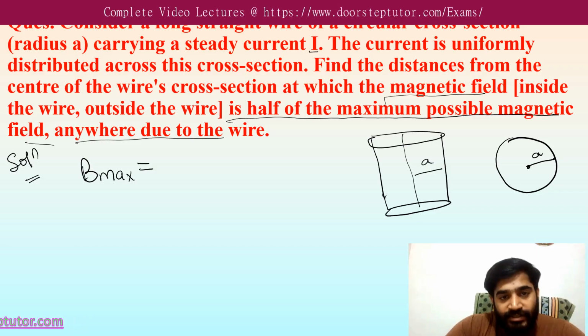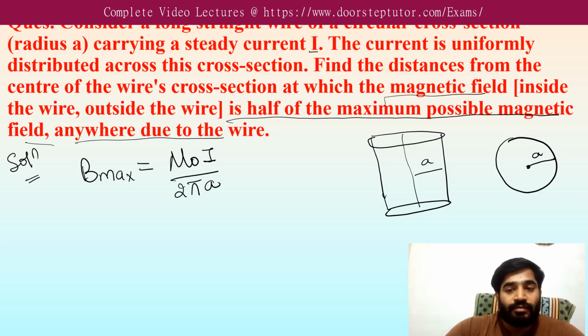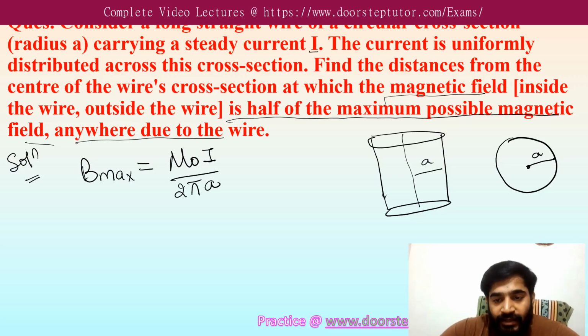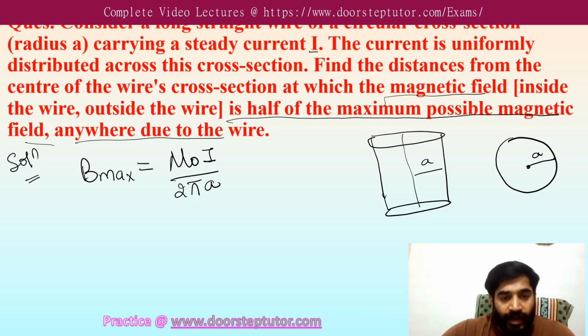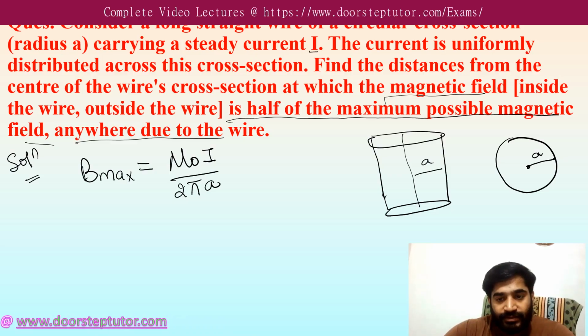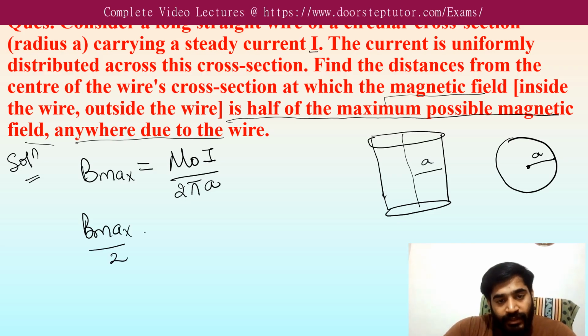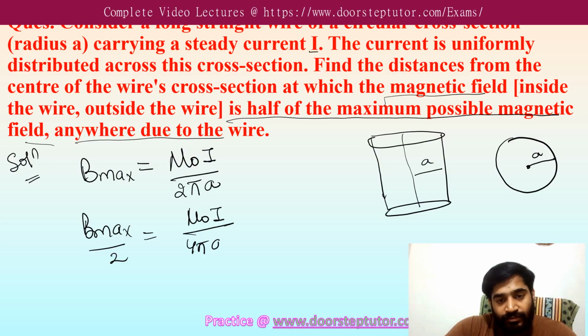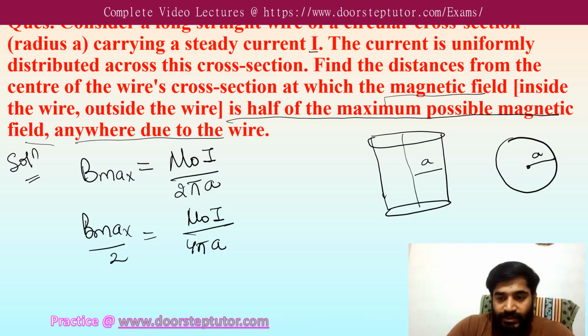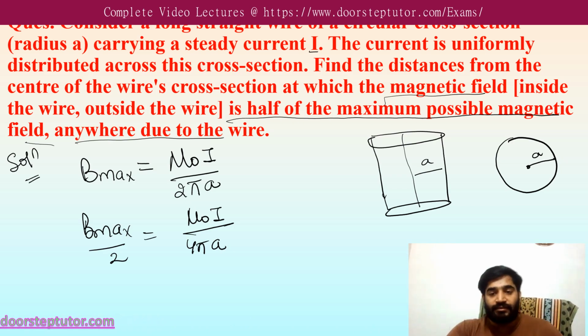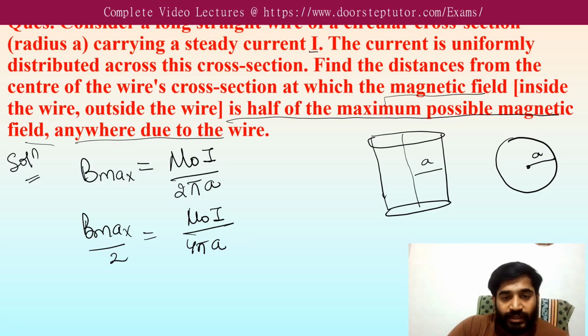For a long straight, that is infinite, wire, B maximum will be mu naught I over 2 pi A. But the question demands the distance where the magnetic field is half of the maximum. Half the maximum magnetic field is going to be mu naught I upon 4 pi A. Simple.